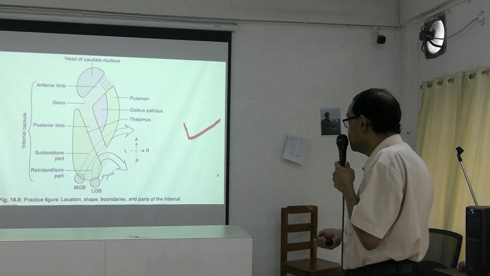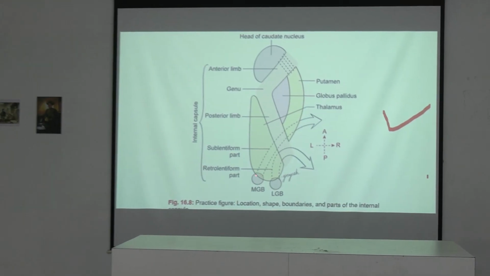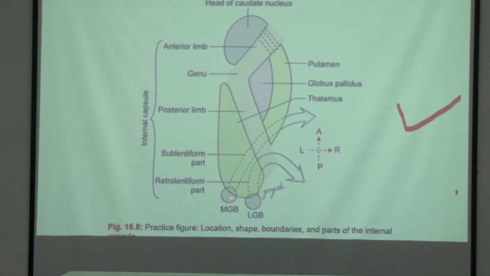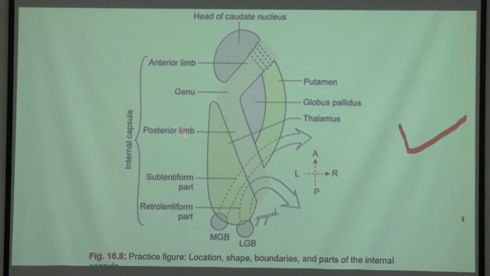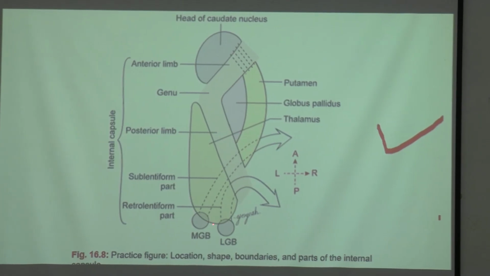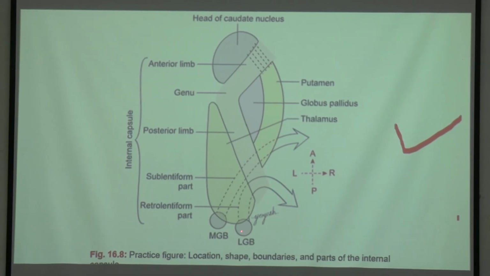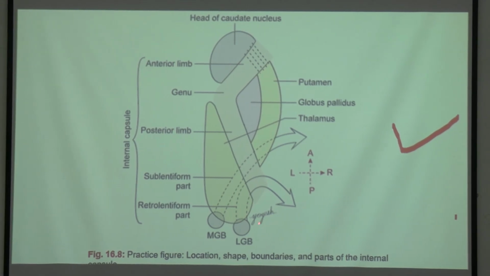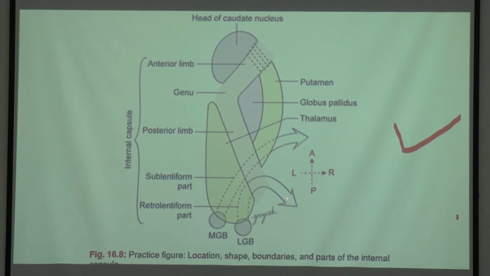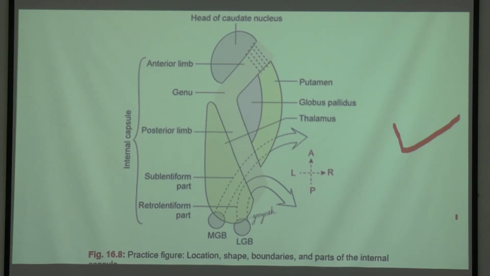We can find other two nuclei which are part of the thalamus, which are called the medial geniculate and lateral geniculate body. We know the optic tract ends in the lateral geniculate body. From the lateral geniculate body, the fibers are coming and ultimately reach the occipital cortex.